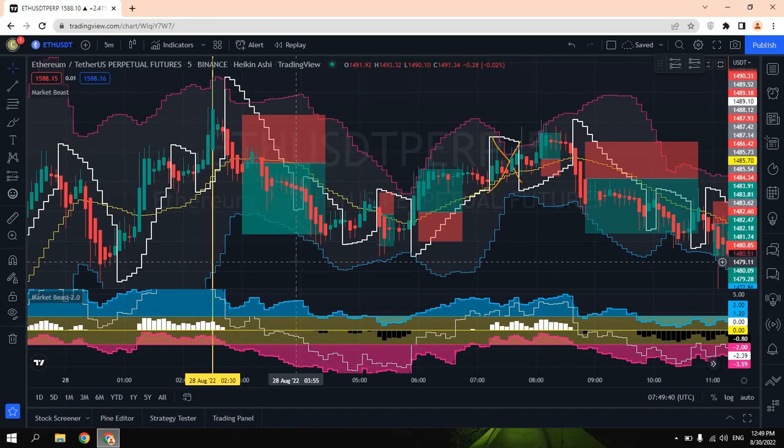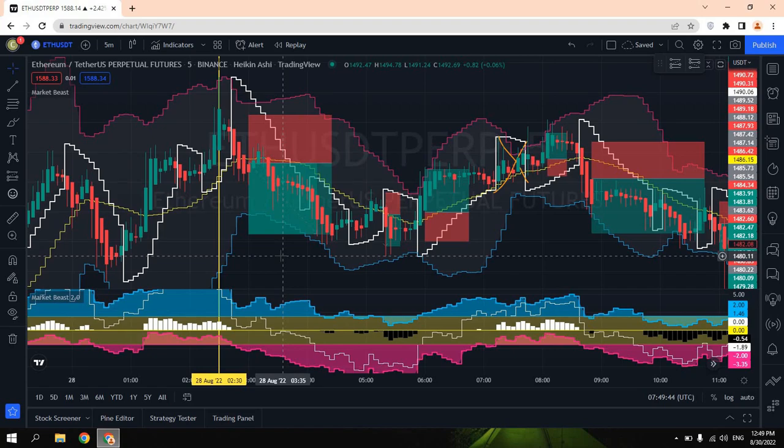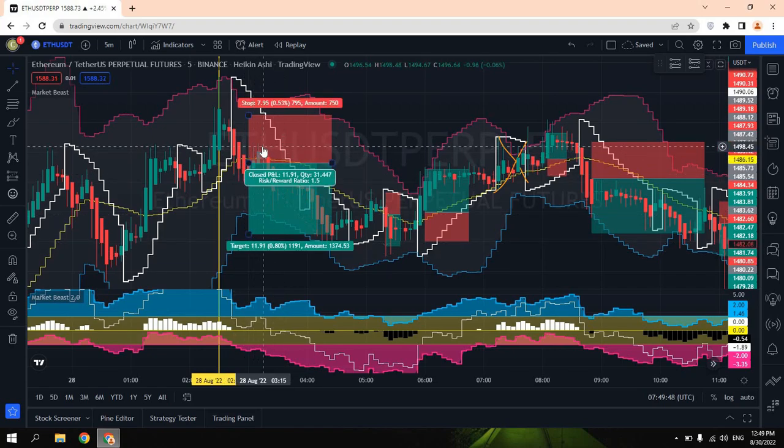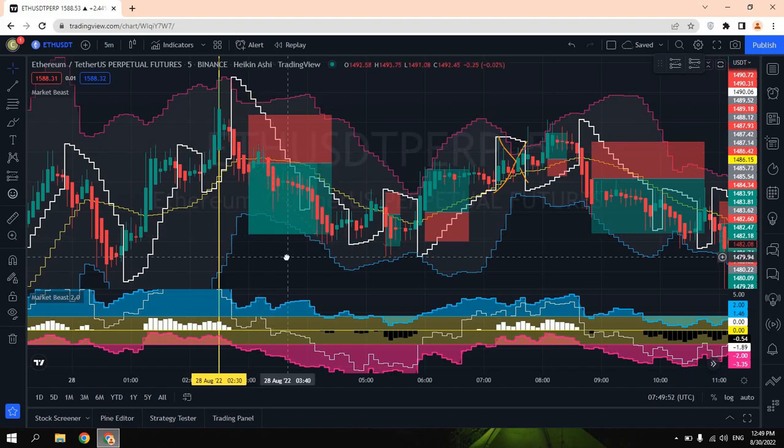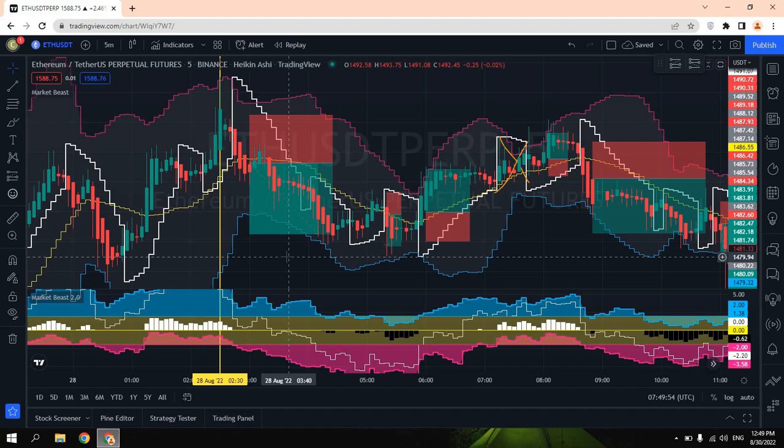When I say we will break the area, it means we will have to close 2 candles above the yellow area to open a long position, and when we close 2 candles below the yellow line, we will open short positions.